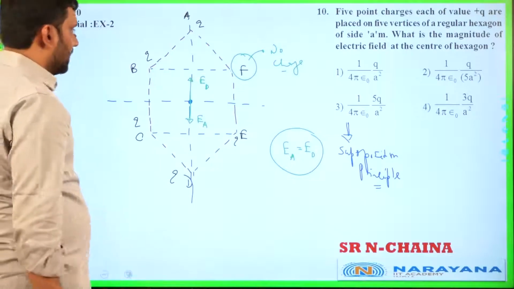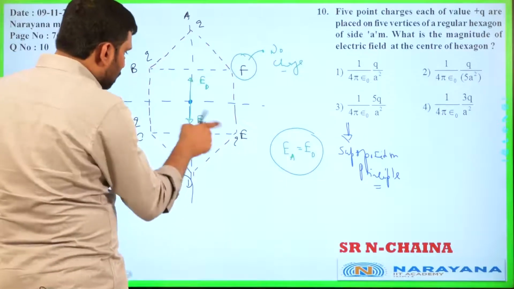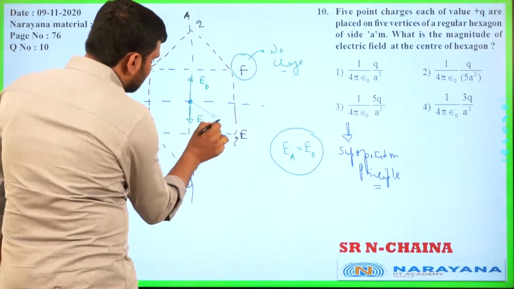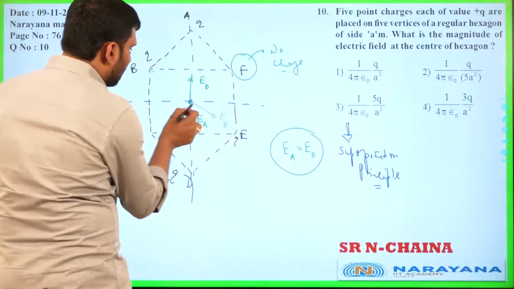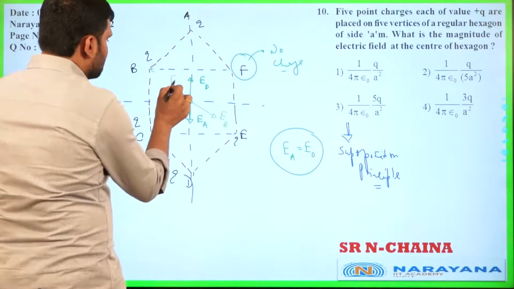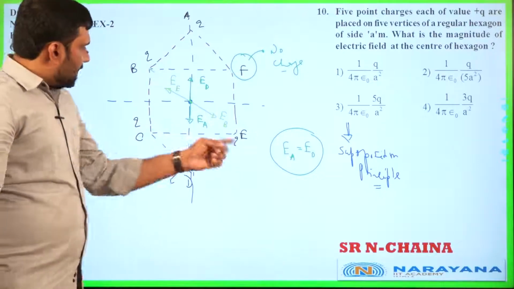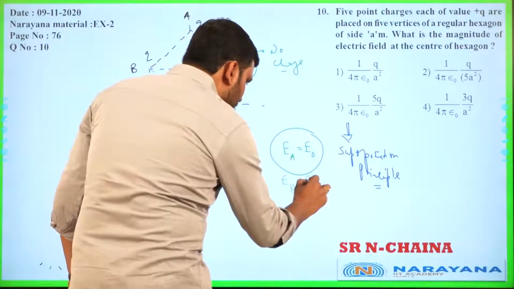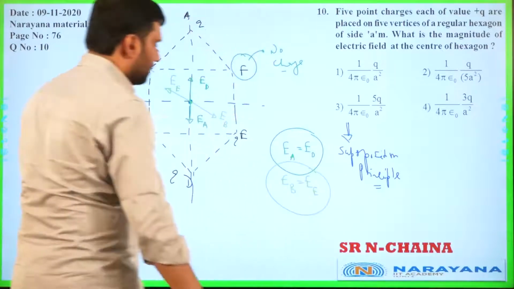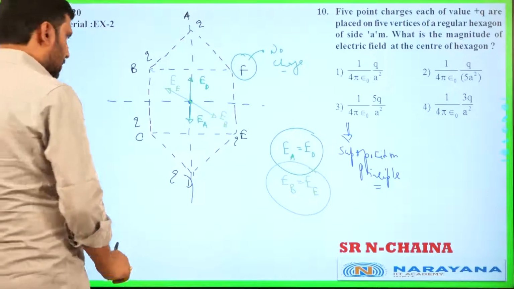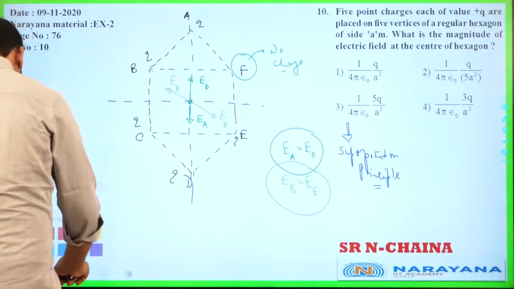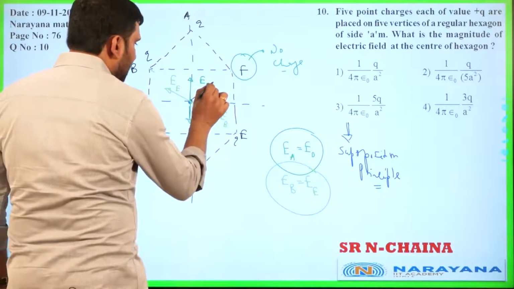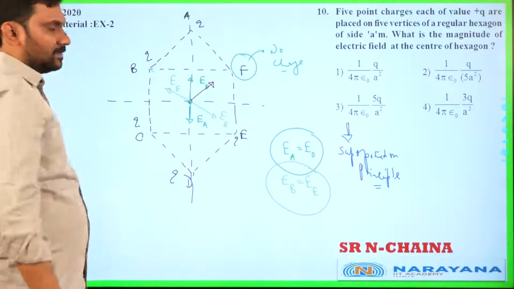Next, come for the next pair. For B, it is in this direction, that is E due to B. For E, in this direction. So there also they are forming a pair. So E of B is equal to E of E, cancelled, gone, right? Which one is remaining? Here one factor is remaining, that is E due to C in that direction, right?